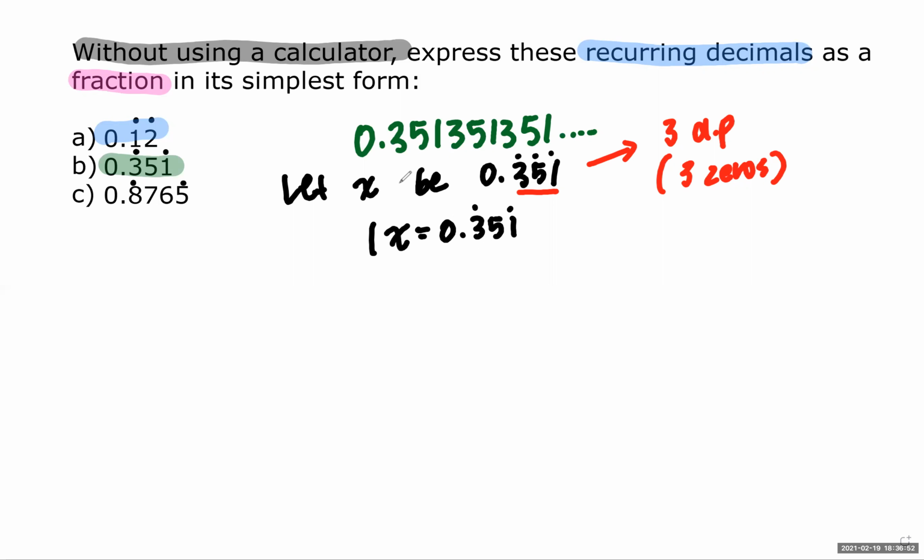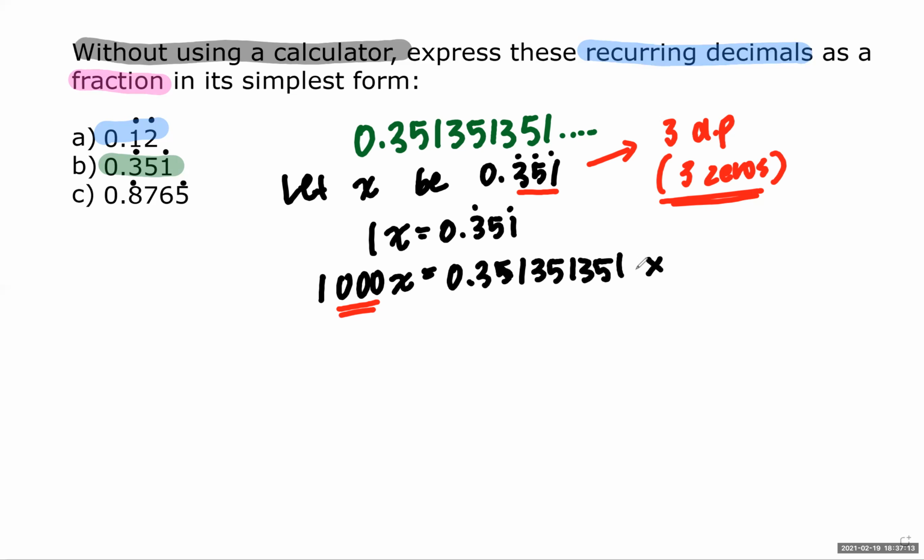So I need to find 1000x. Why? Because of this strategy, if it's 3 decimal places, it's 3 zeros, so we need to introduce 3 zeros here. That means 0.351351351 and so on and so forth, multiplied by 1000.